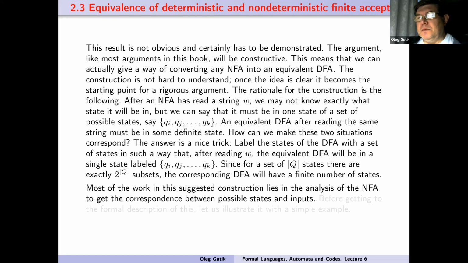Most of the work in this suggested construction lies in the analysis of the non-deterministic finite acceptor to get the correspondence between possible states and inputs. Before getting to the formal description of this, let us illustrate it in a simple example.